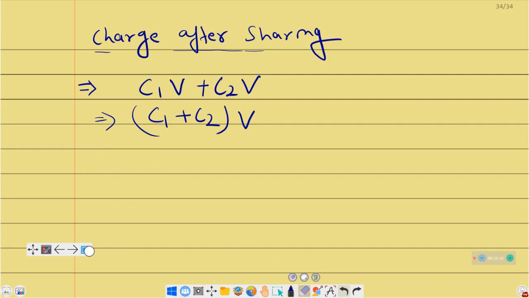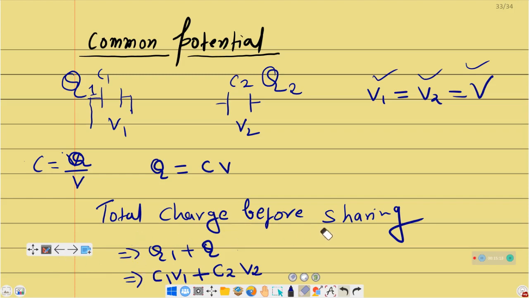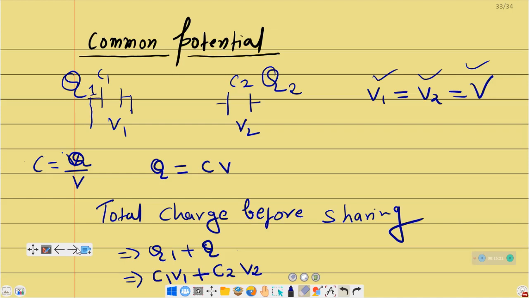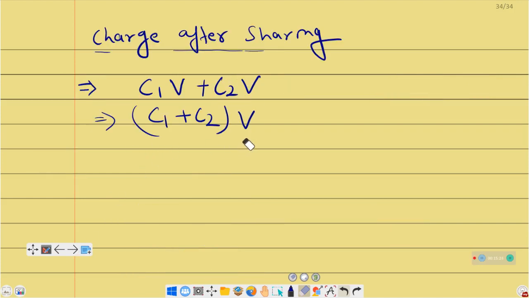So this is the charge before sharing, and this is the charge after sharing or connecting the capacitors.